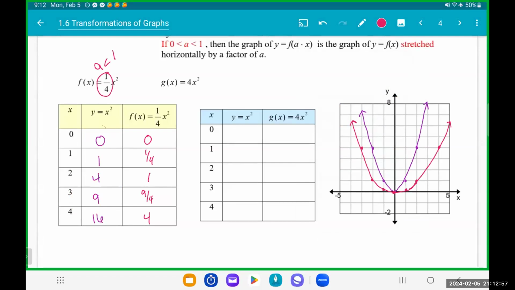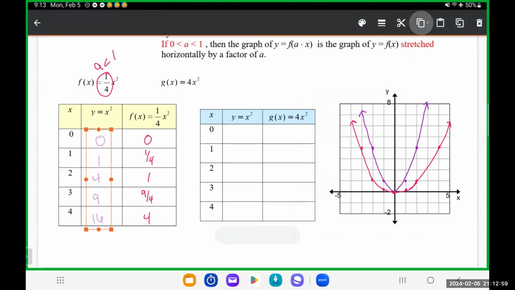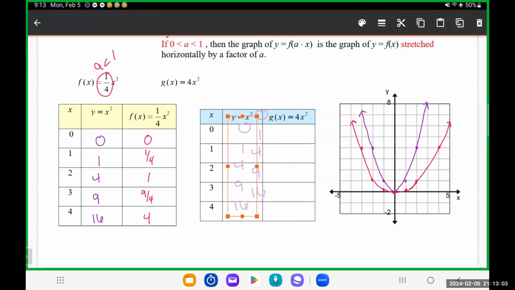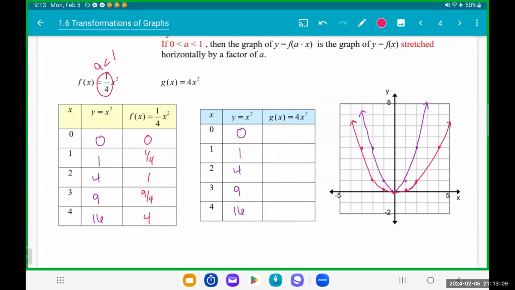Okay. I'm going to copy these over for our other graph as well.